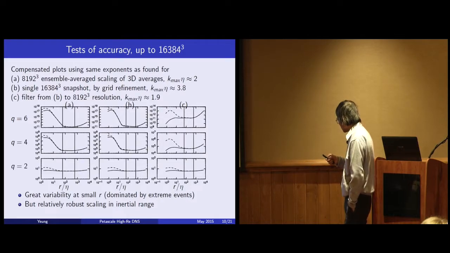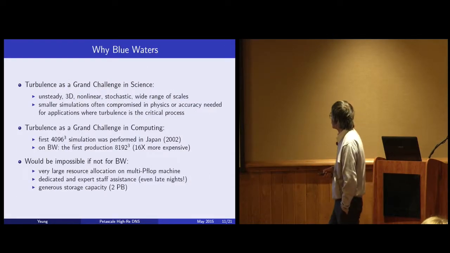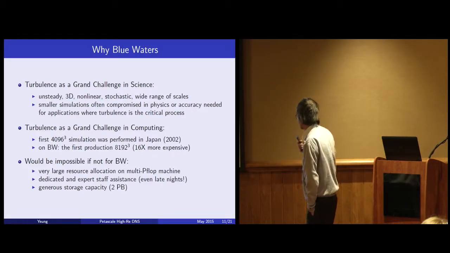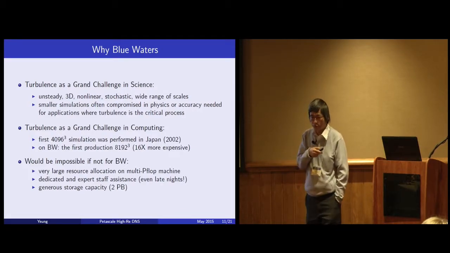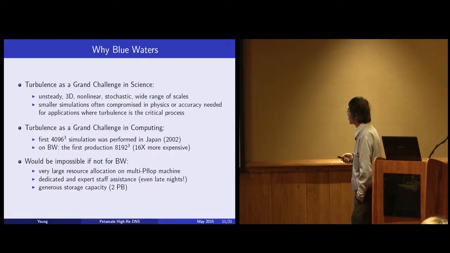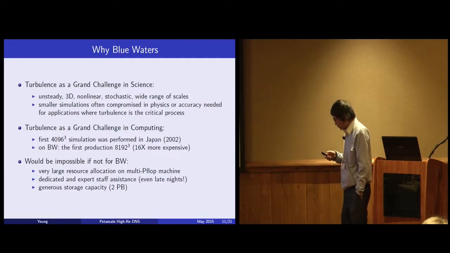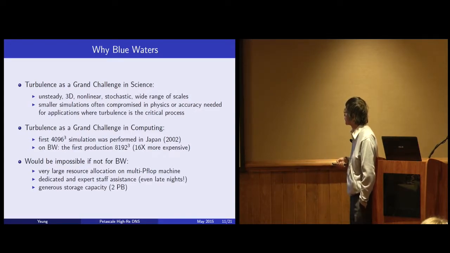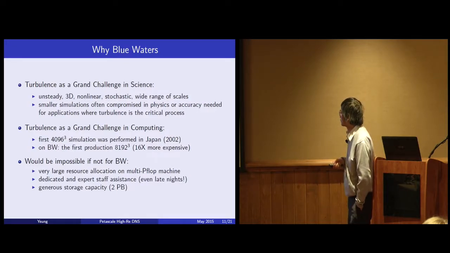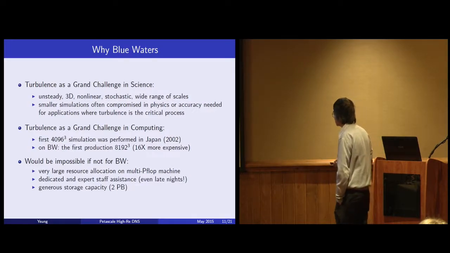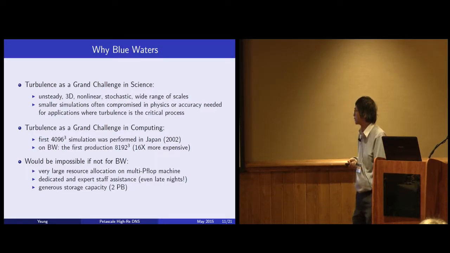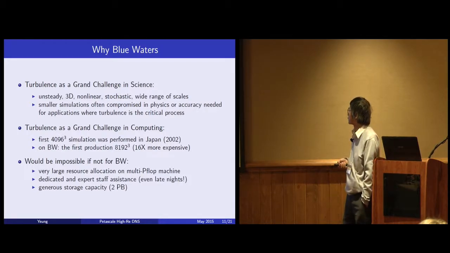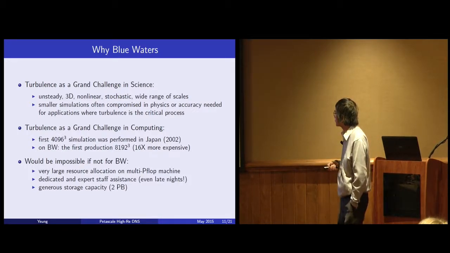And then, before turning it over to Matthew, let me answer the question: why Blue Waters? When we think about Blue Waters, we think about turbulence first as a grand challenge in science. We can actually argue that it may be the most complicated kind of fluid flow that we can think of.